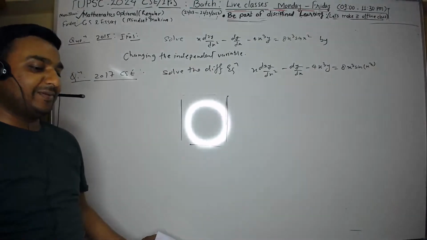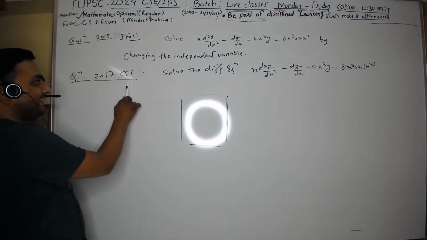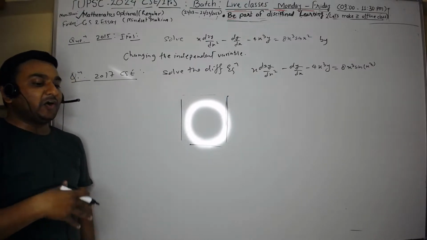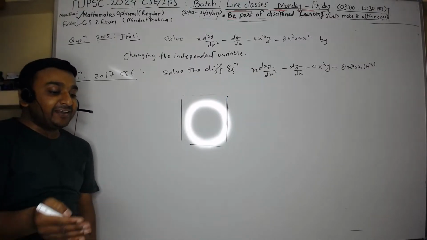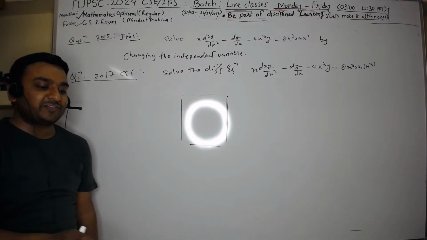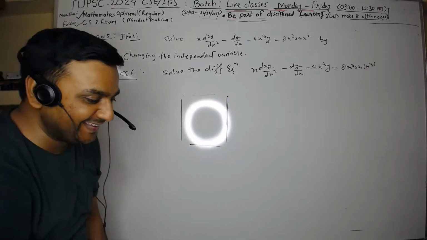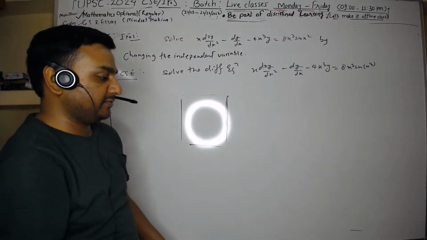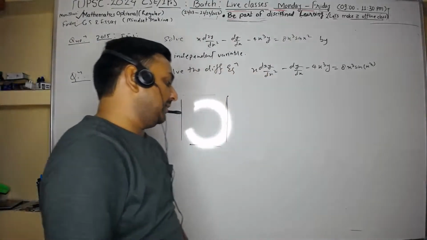I guess the message will be clear. Means they can ask by giving the method, or they can repeat the question of forest services in CSE or vis-a-vis. Okay. Please try this question. Everyone will try, please.